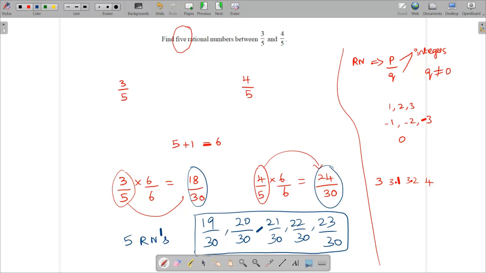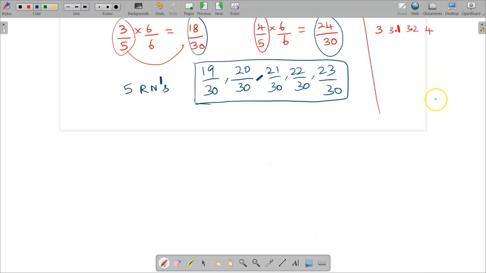Do we need to multiply only by 6? It is not like that. 5 plus 1 is 6, so greater than or equal to 6, we can use any number and multiply both numerator and denominator. When we multiply by 6, we need to write out all the values.